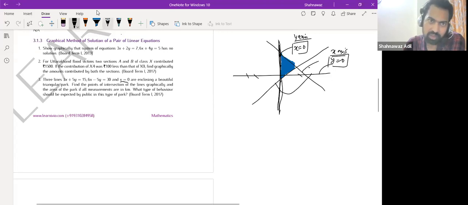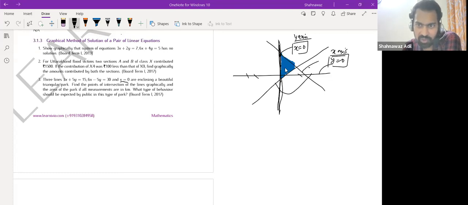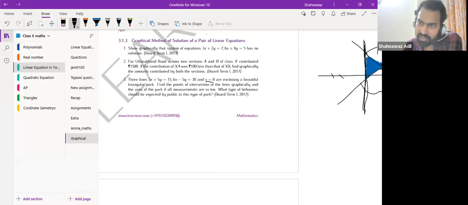Yes. Okay, so you try this question again, and whenever you face any problems, then you can ask. The idea is that the x equal to 0 line is this y-axis, and then you make the graph of these two lines. These are the only things that you do.